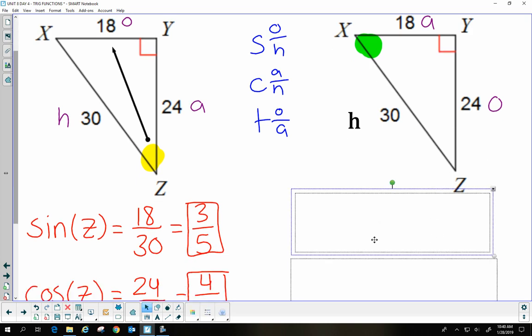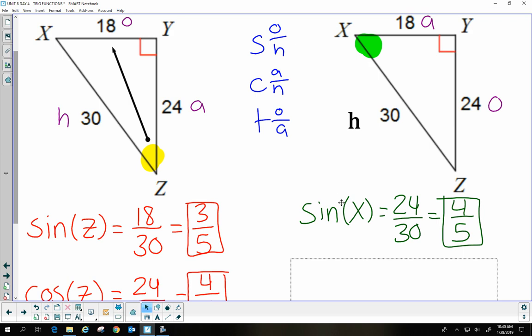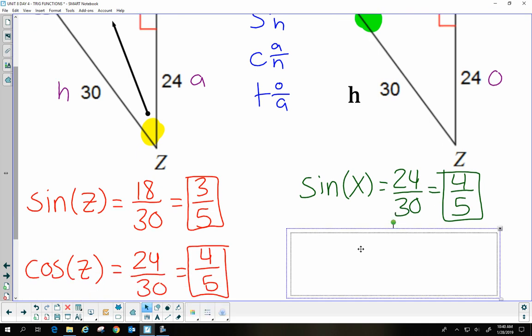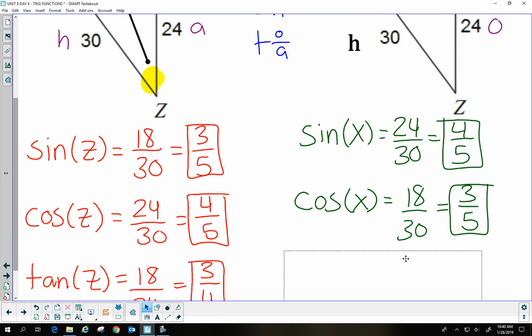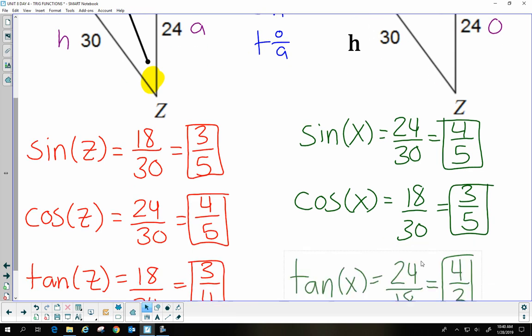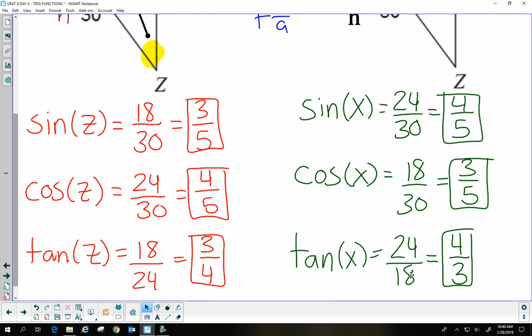So I'm just plugging in. The sine of x is opposite 24 over hypotenuse 30. The cosine is the adjacent 18 over the hypotenuse 30. And the tangent is the opposite 24 divided by the adjacent 18. And of course, I simplified all those fractions.